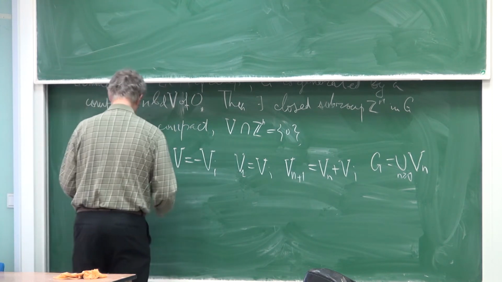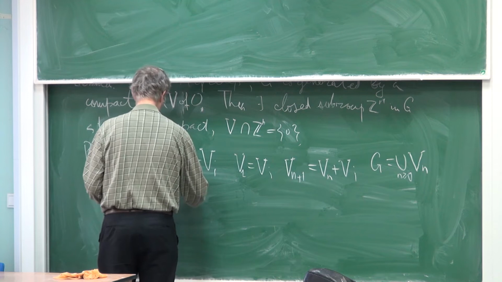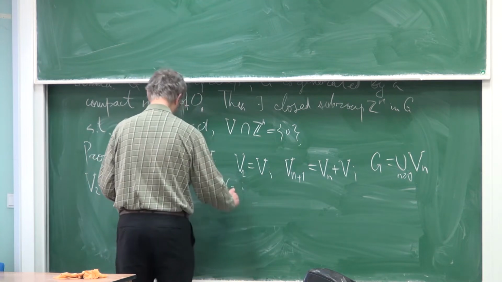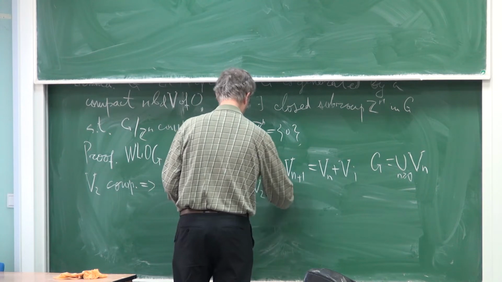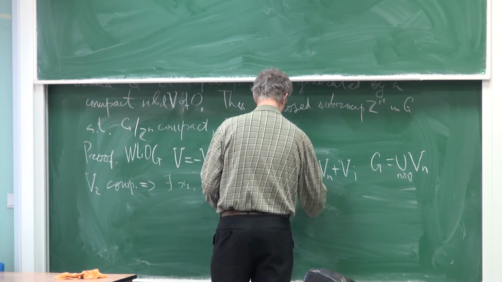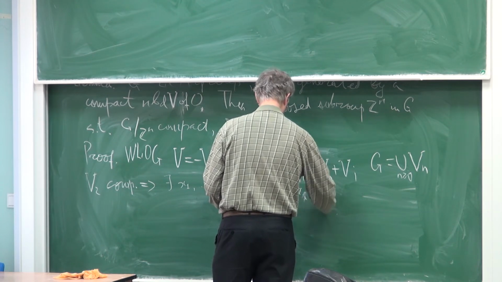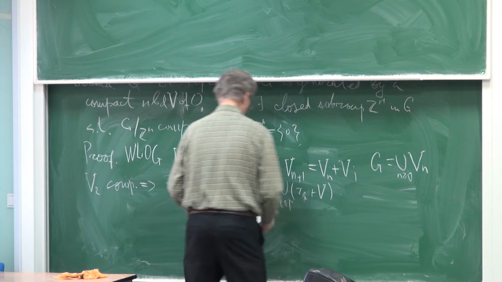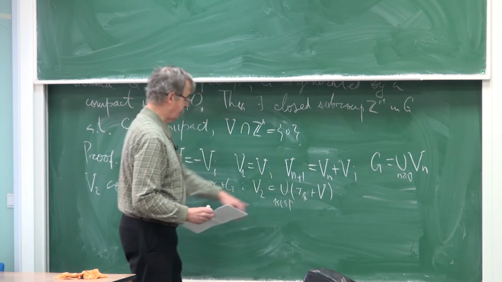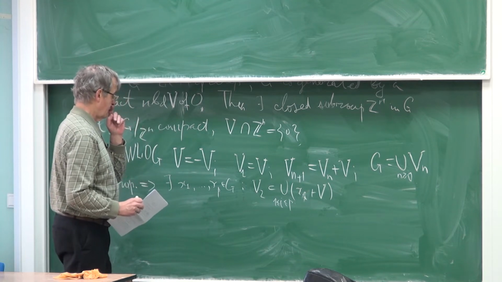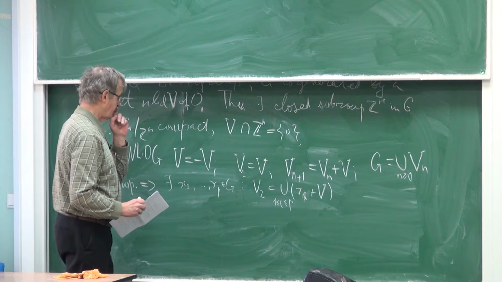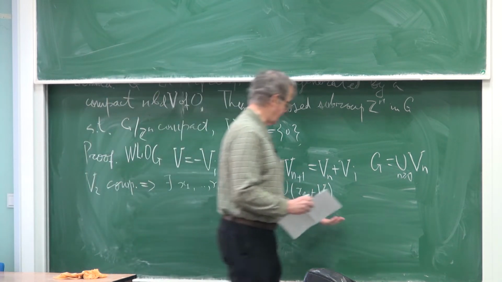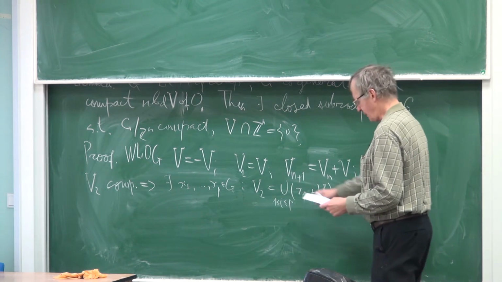And from this it follows that there is a finite collection of elements xi of G such that this set V2 is included in the union of xi plus V. So arbitrary shifts of V cover G because V is open, so they cover the set V2, but V2 is compact, and so there is a finite collection of such shifts of V that cover V2.